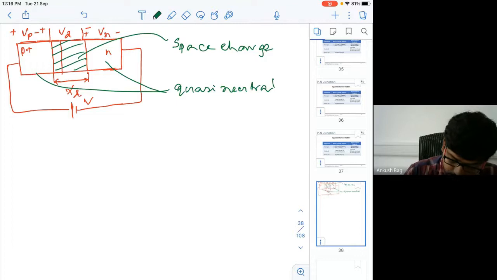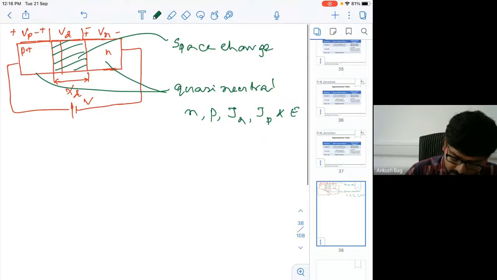And now we need to analyze these different regions of our PN junction, applying different sets of approximations and boundary conditions to solve for our n, p, Jn, Jp, and E. So these 5 parameters we need to solve for all 3 regions.